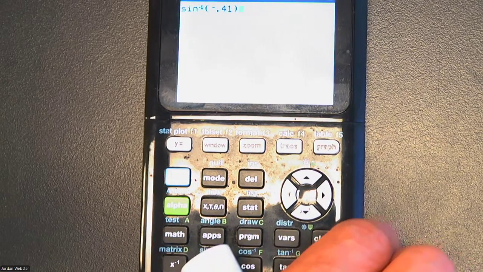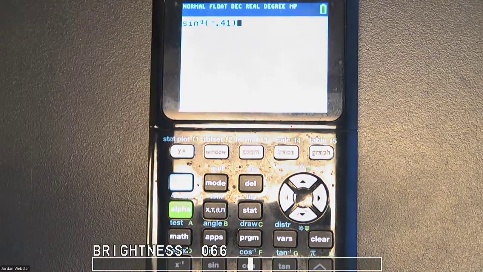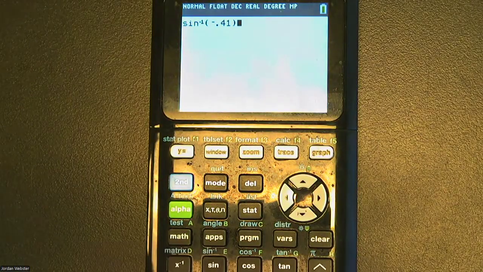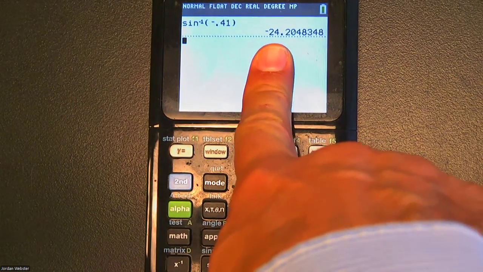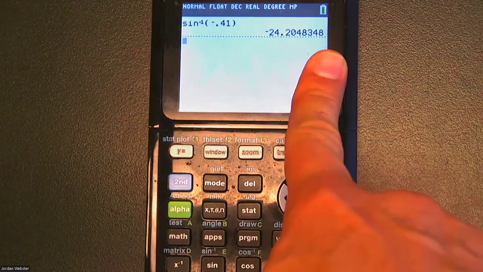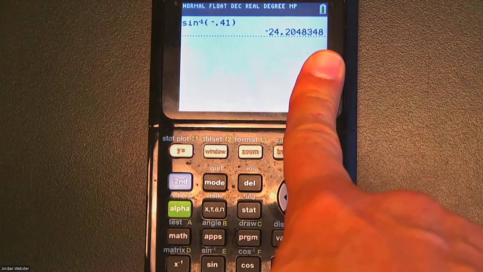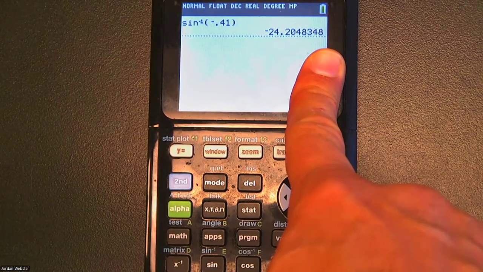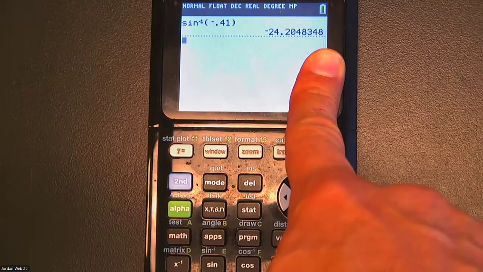So that's what it looks like, inverse sine, negative 0.41. Hit enter. Now, why did I get negative 24.20? That's probably not negative 24.20 radians. That's a lot of radians.